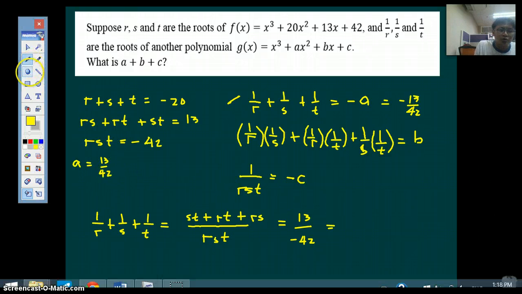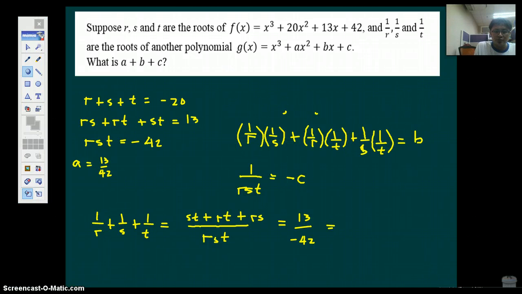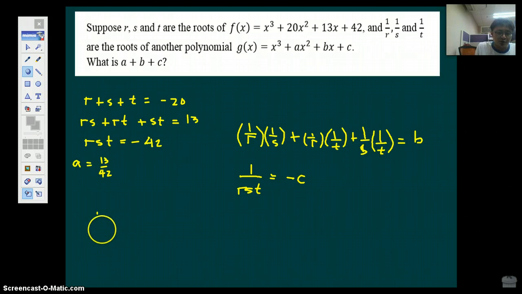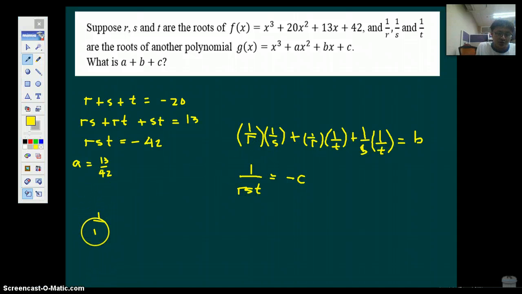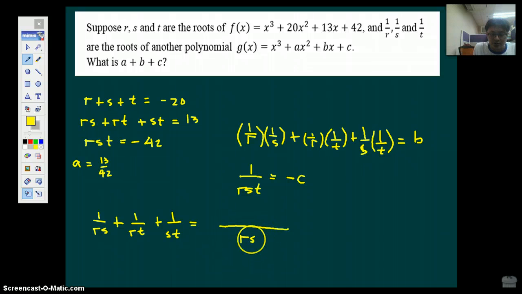So now we know a. Let's go to solving the value of b. I'm erasing part of my solution. Now 1 over r times 1 over s is of course 1 over rs, 1 over r times 1 over t is 1 over rt, and then 1 over st. Combining this, the LCD again is rst.